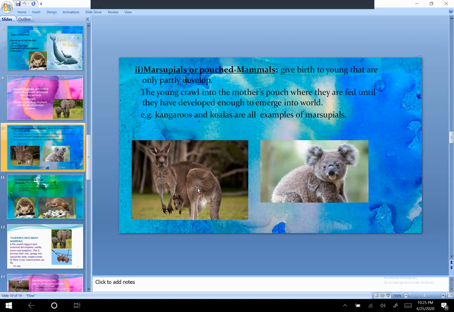The babies of the kangaroo, when they are born, are so weak, unable to move or do their daily routine activities. So they have a pouch in front, and their babies stay for some time in the pouch. When they become mature, they come out from the pouch and survive like a normal kangaroo.